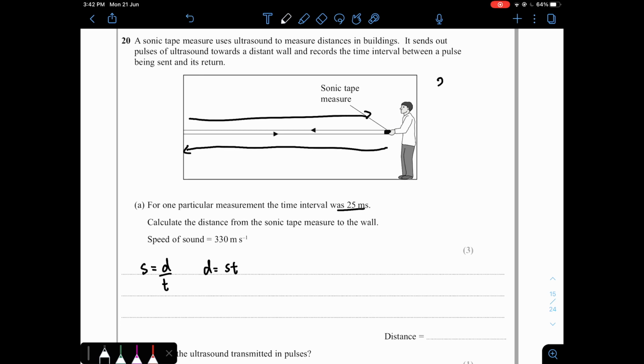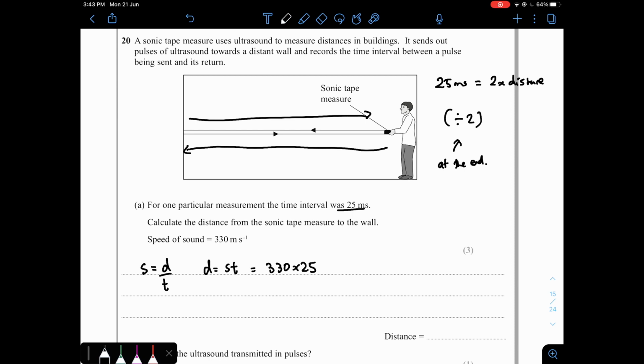So that means this 25 millisecond is measuring what? It is measuring 2 times the distance to the wall. So at the end we need to remember to divide by 2. So that will be 330 times 25. Why are we times by 25?